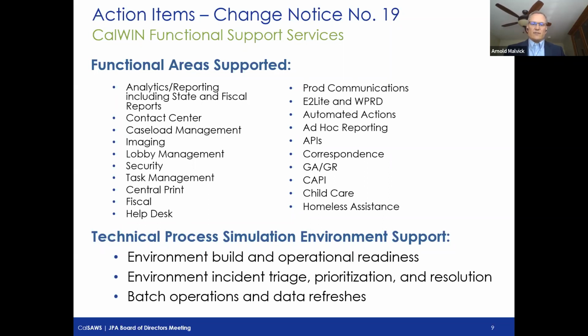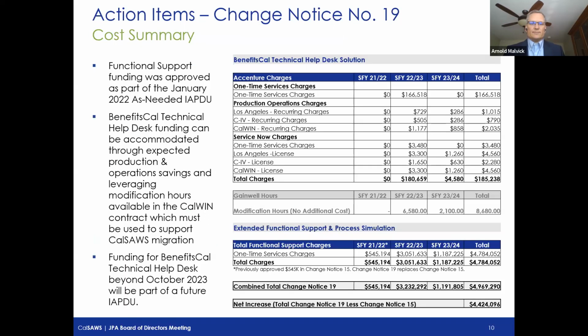So that is the environment build and the operational readiness of that process simulation environment that those CalWIN counties are going to be using prior to go live to prove out the business processes that have been established for CalSAWS as they migrate onto it. It includes triaging, prioritization, resolution of any environmental issues, as well as ongoing batch operations and data refreshes for those environments. We move on to the next slide, please.